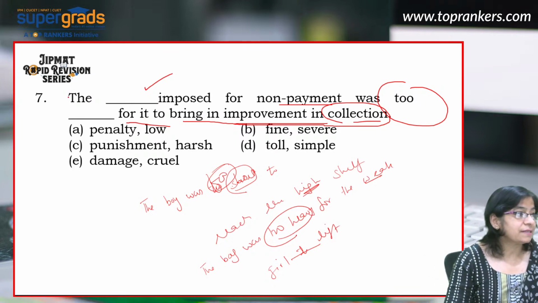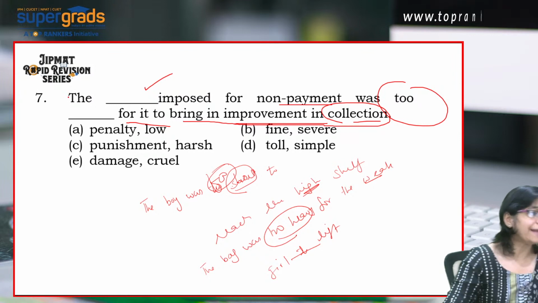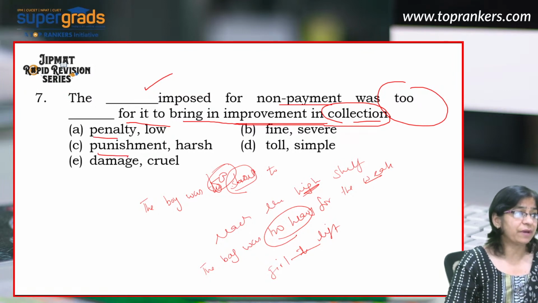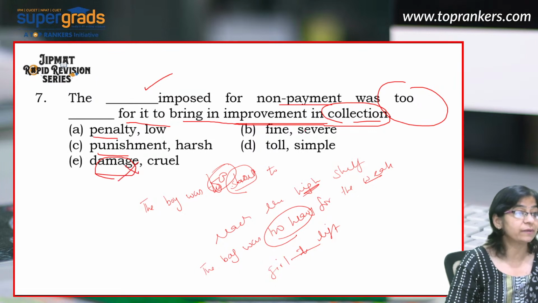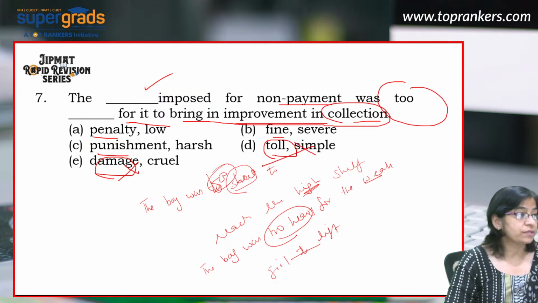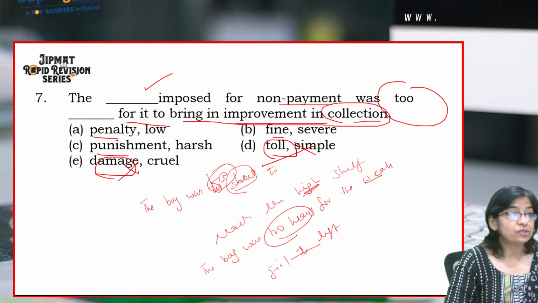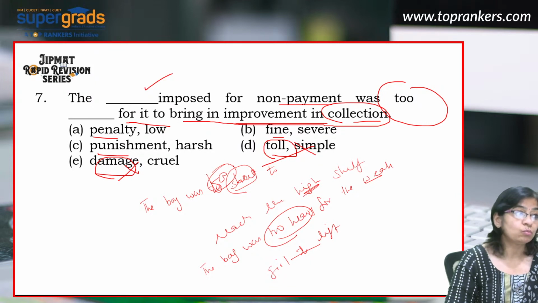This says the dash imposed. So the penalty, punishment, damage. Well, damage cannot be imposed, so I guess we can eliminate this one. The fine was imposed. Well, the toll is collected, it is not imposed. I guess we can eliminate these two choices. So the penalty imposed for the non-payment was too, well, was it harsh or severe?